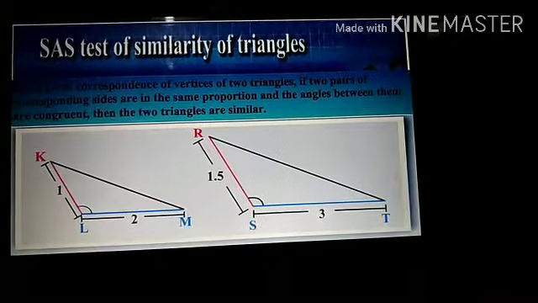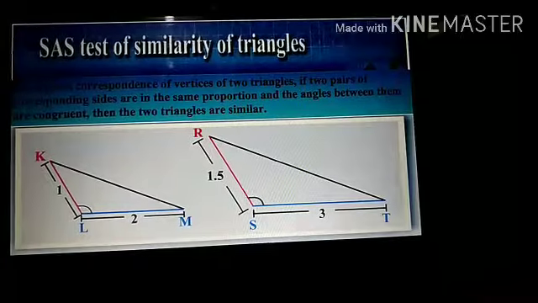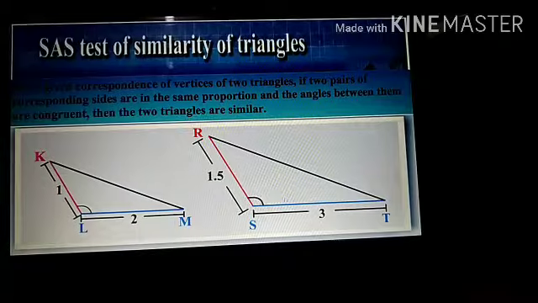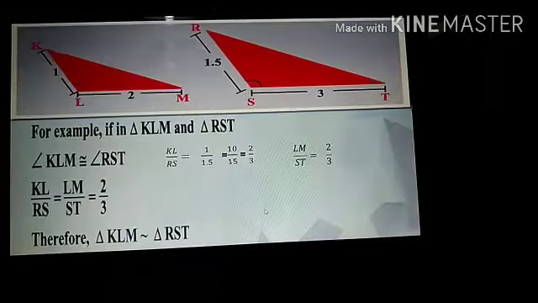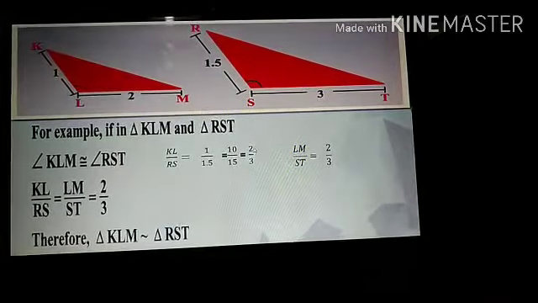As you can see on the screen, two triangles are given with their corresponding sides, and angle L is congruent to angle S. If we find the ratio of their corresponding sides, we find it is 2/3, where both the ratios are equivalent to 2/3.